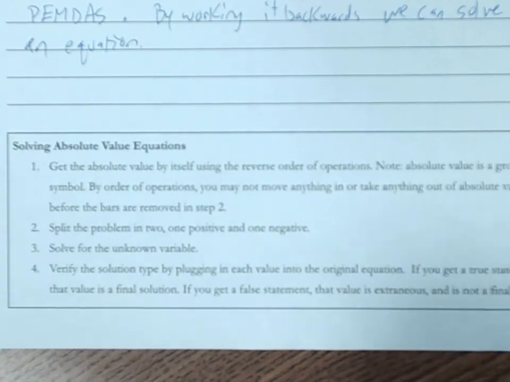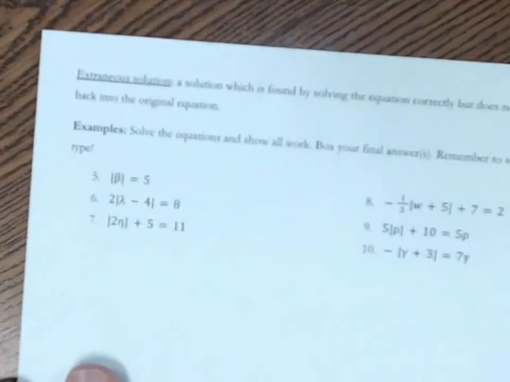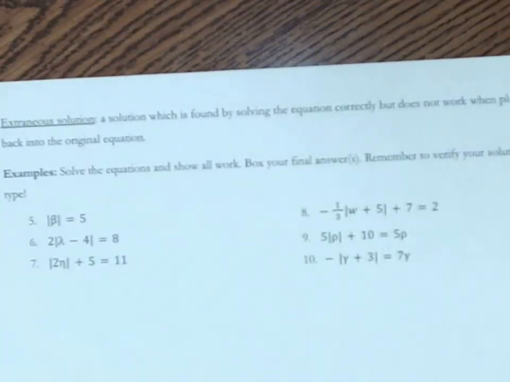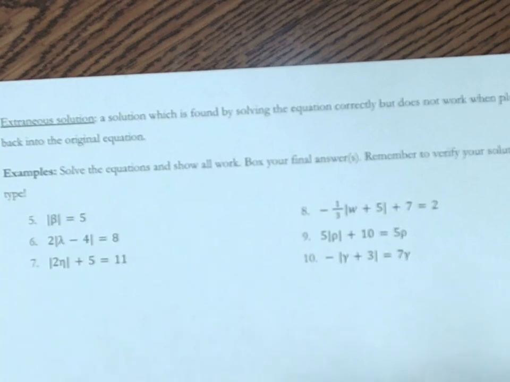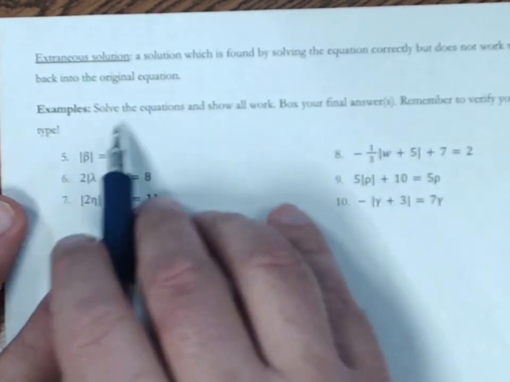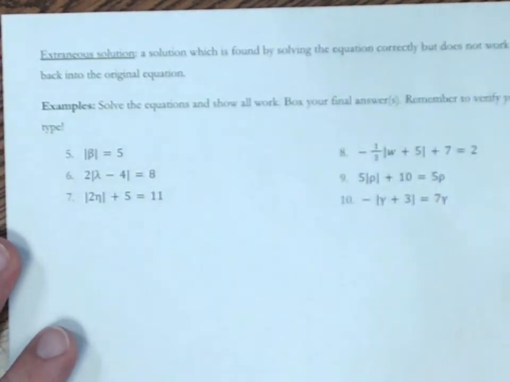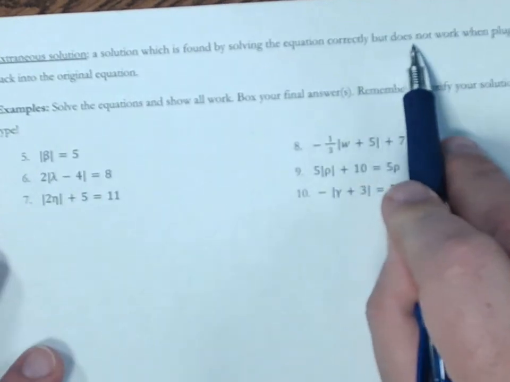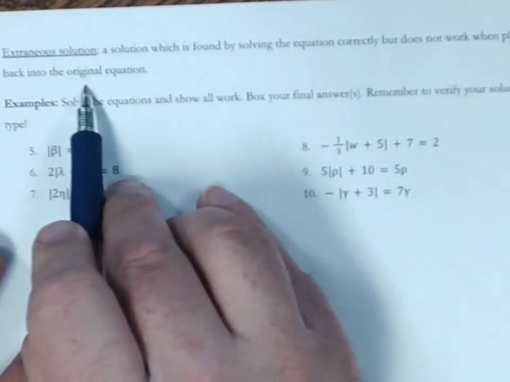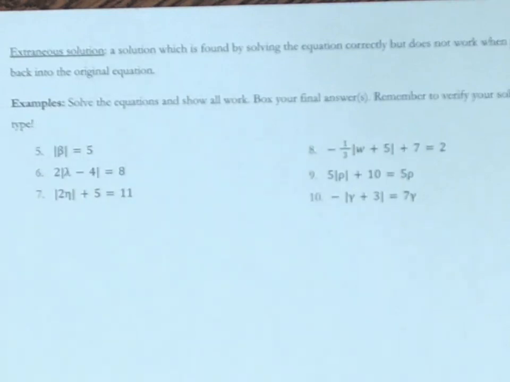So we have something called extraneous solutions. An extraneous solution is a solution found by solving like you would normally, but it doesn't work when you put it into the original equation. The reason is that the equation we solve will not have absolute value bars in it, but the equation we plug it into will.